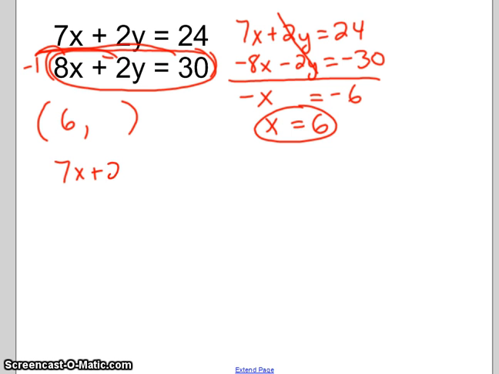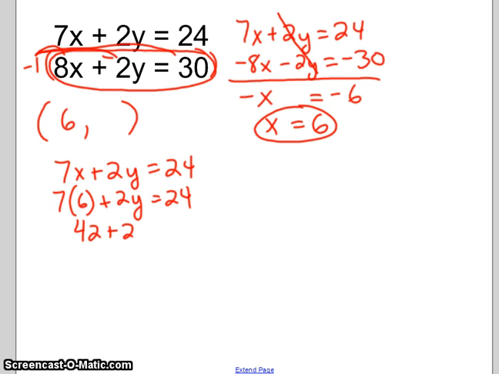7x plus 2y equals 24. I'll choose that one. 7 times 6 plus 2y equals 24. 42 plus 2y equals 24. Subtract 42.